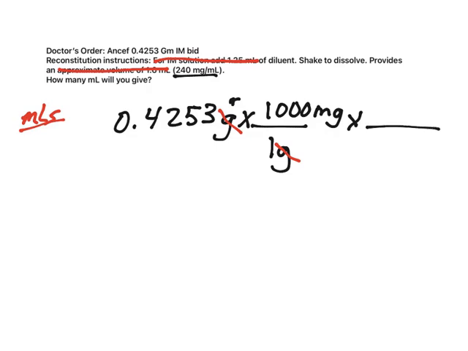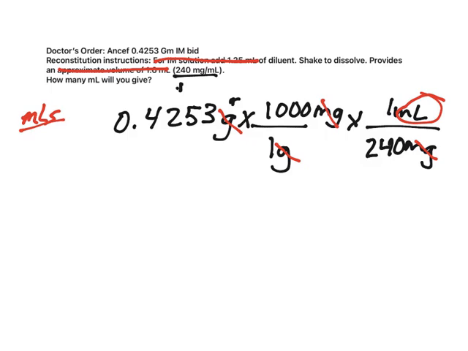So go up to our problem. Milligrams need to go on the bottom. So it's 240 milligrams is 1 mL. So milligrams cancel out, and then we're left with mLs. So now all we have to do is multiply straight across.